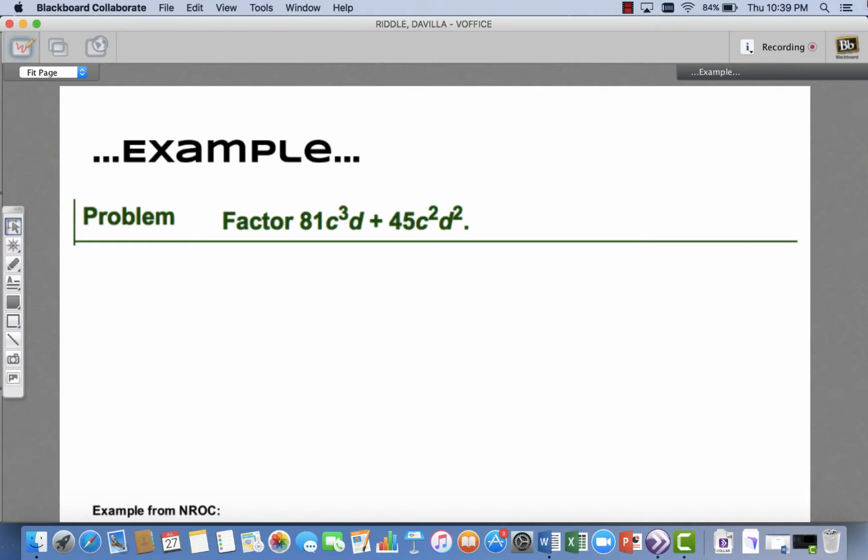So I want you to try this, but I want you to look at these 2 terms and see what the common factors are for those. And then look at these 2 terms and see what you can pull from these. And lastly, these 2. Give it a go and check back in. You can just let me know if you get stuck or have any questions or need help.